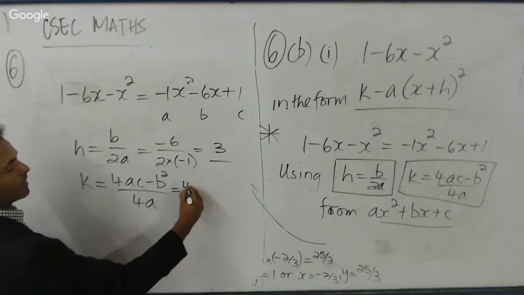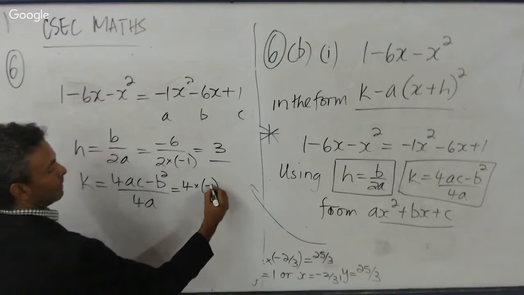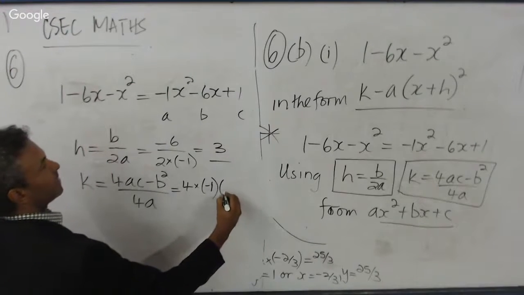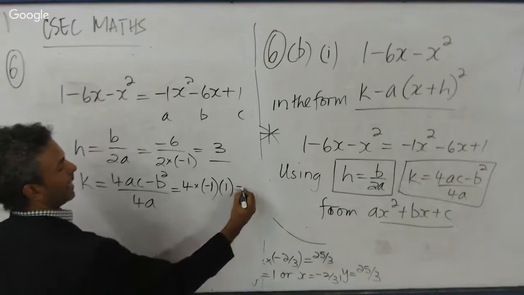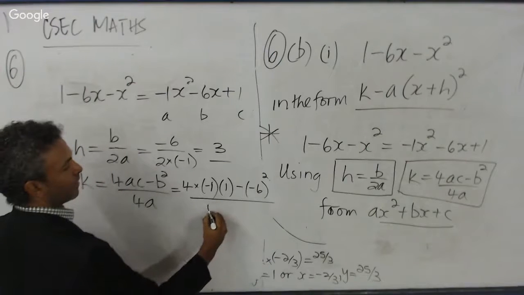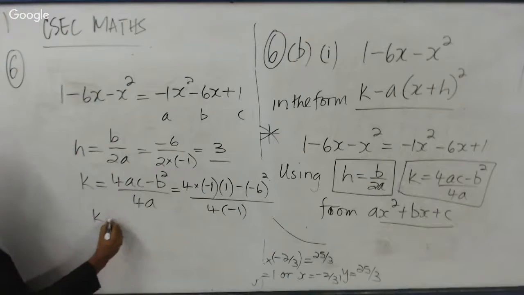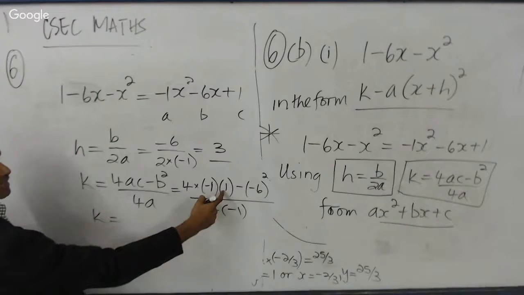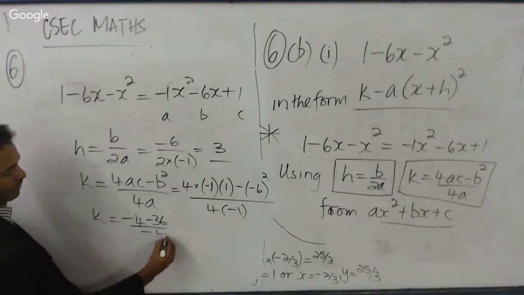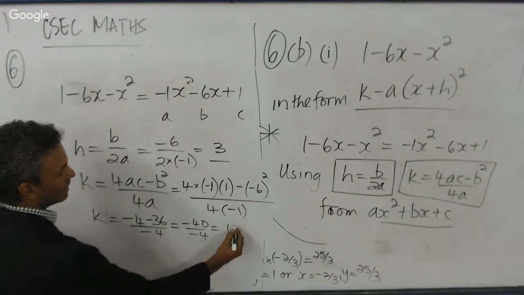So it will be 4 times negative 1 times, what is c? 1, minus minus 6 squared, over 4 times negative 1. So k would be 4 times negative 1 times 1 is negative 4, minus 36, over negative 4, is negative 40 over negative 4, which is 10.